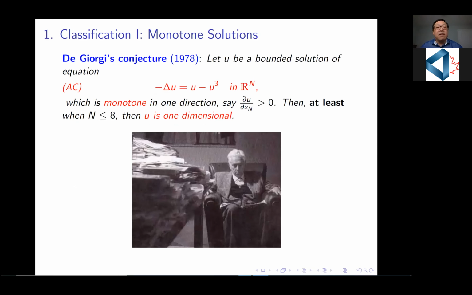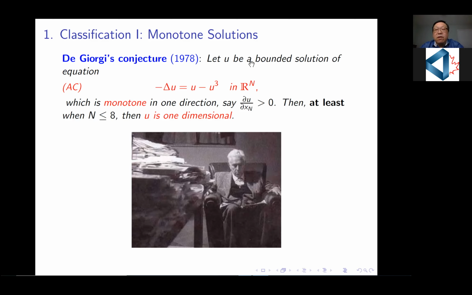All right, so let me start with the classical Giorgi conjecture, which is the title of my talk today. So Giorgi in 1978 proposed this conjecture.